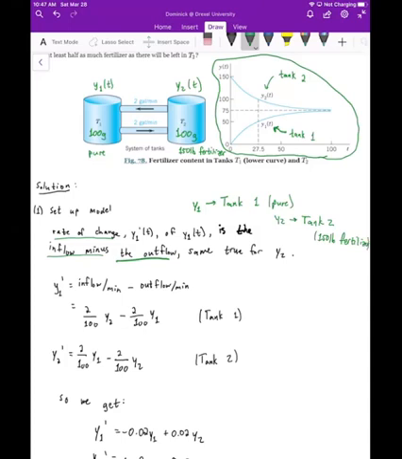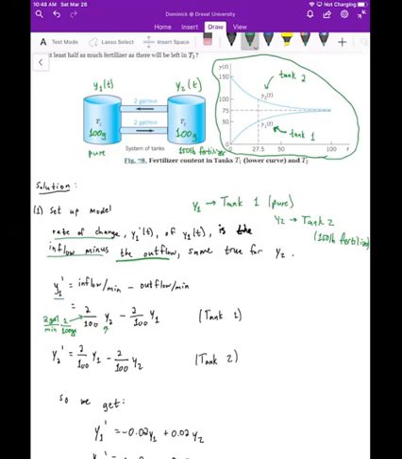Okay, now in our y1 tank, what's coming in? Well, we have 2 out of 100 gallons. So this is the 2 gallons per minute. And of course, we're starting with 100 gallons. All right, so that's where you're getting the 2 over 100 there. And of course, this is being drawn from y2, right?